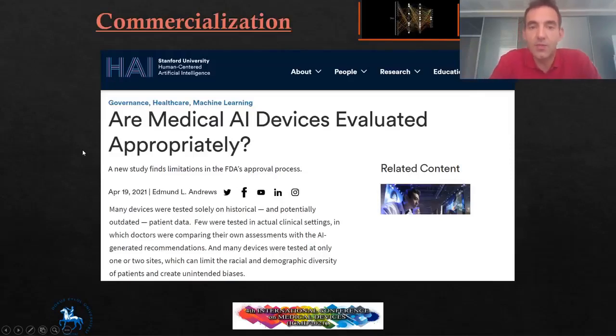During the commercialization process, the people who are usually engineers and expert clinicians, they are also asking these questions to themselves. So here at Stanford University, Human-Centered Artificial Intelligence Center, they are discussing, as being the producer of these products, whether medical AI devices are evaluated properly. So they stated as an abstract, many devices were tested solely on historical and potentially outdated patient data.